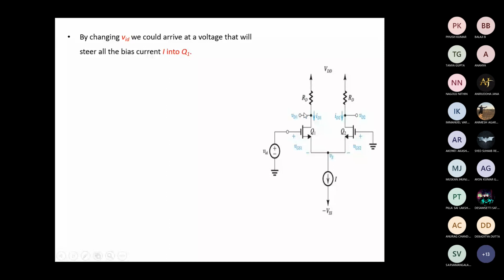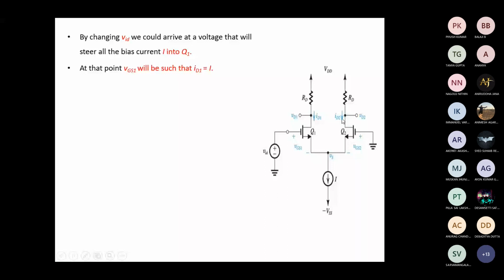At that point VGS1 will be such that the total drain current I will be equal to ID1. So let's say we have changed VID in such a way that ID1 is equal to the total current I. In such a case ID2 will be 0.